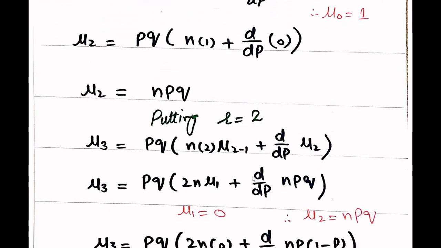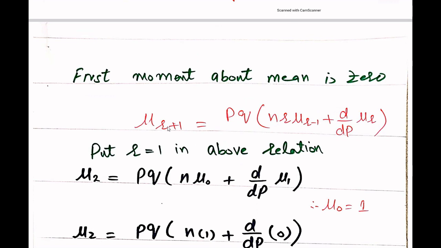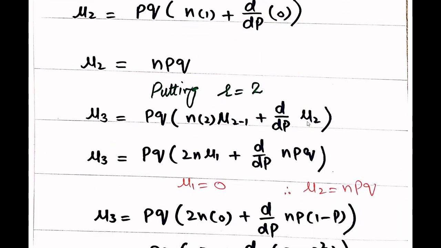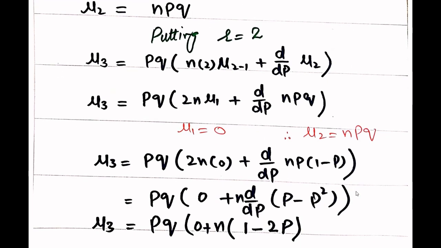Putting r is equal to 2 in this relationship, mu 3 is equal to pq into (2n mu 1 plus d over dp mu 2). Mu 1 is equal to 0 and mu 2 is equal to npq. So mu 3 is equal to pq into (2n times 0 plus d over dp of np(1 minus p)).